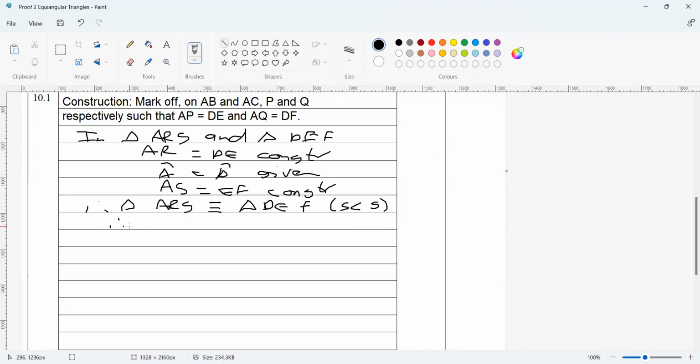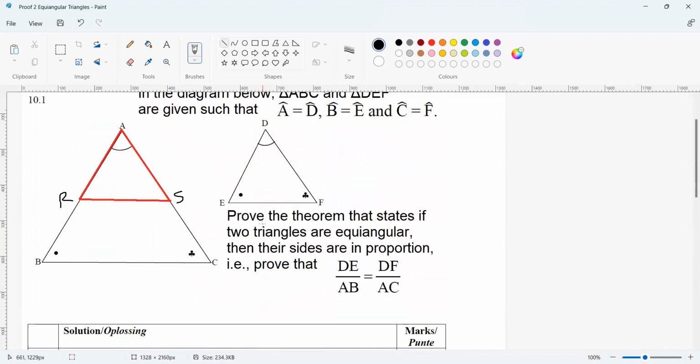So therefore we say angle ARS is equal to angle E. Let's just put that into our picture.